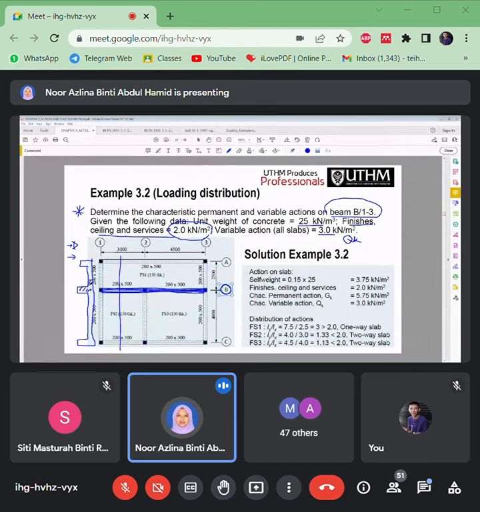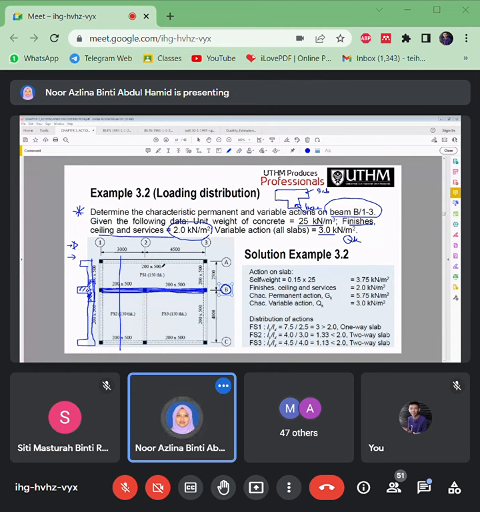Might be the B effective will be around this length here. So these T beams will carry the loads of the slabs, and also its own beam weight. It doesn't mention the brick wall here, so that means you don't have to calculate the brick wall. There's no brick wall on top of the beam here.